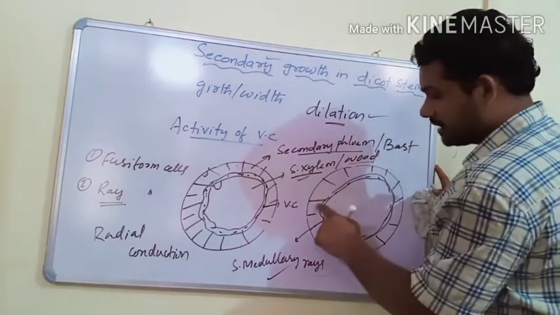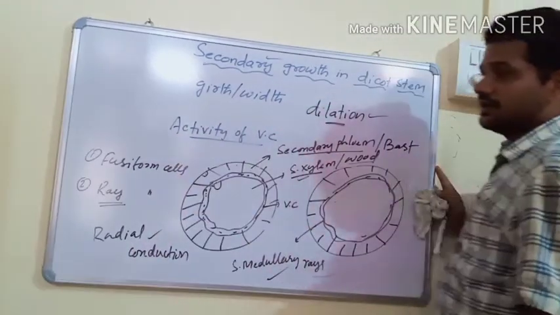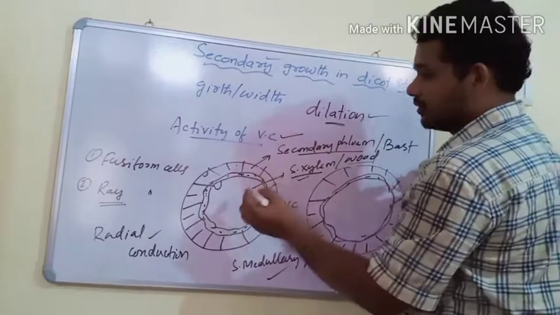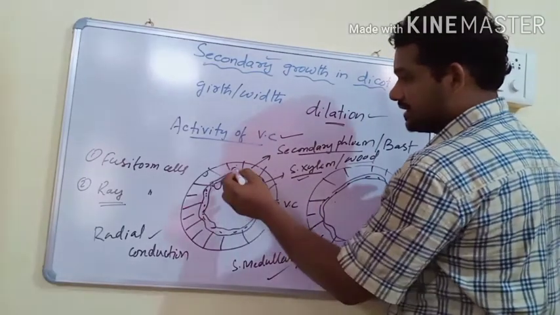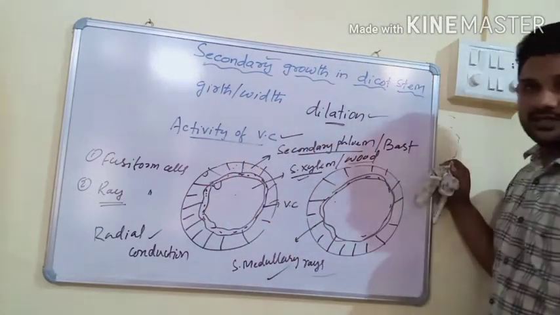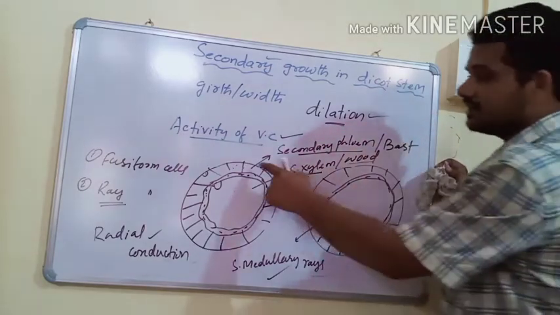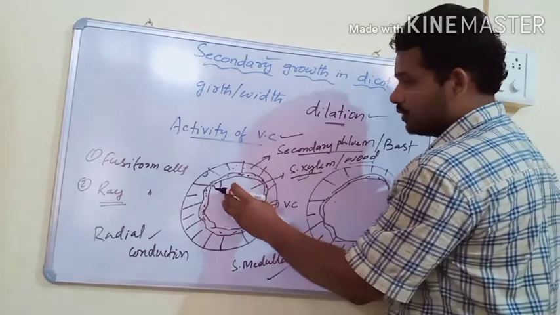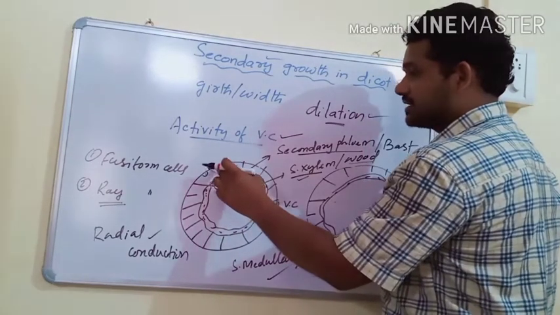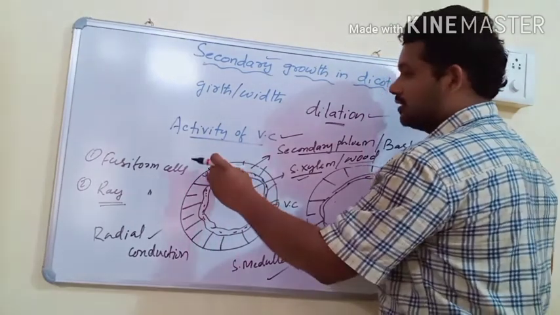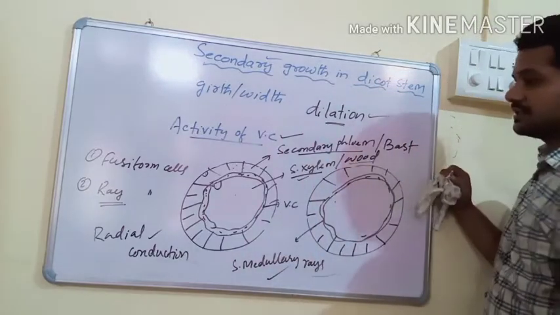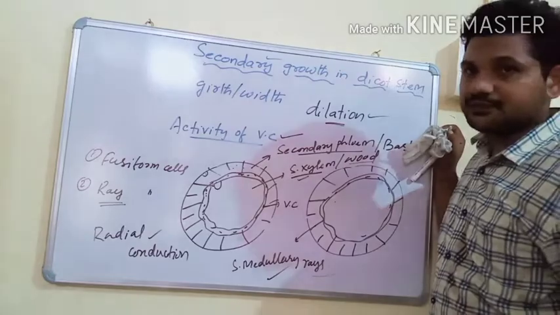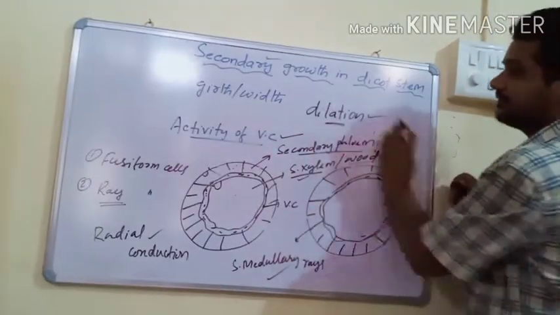Secondary medullary rays help in radial conduction. It means ultimately the vascular cambium produces secondary xylem, secondary phloem and secondary medullary rays. Secondary xylem is nothing but wood, and secondary phloem initially helps in conduction, but it gets crushed due to continuous formation of secondary xylem. So this is the activity of vascular cambium.